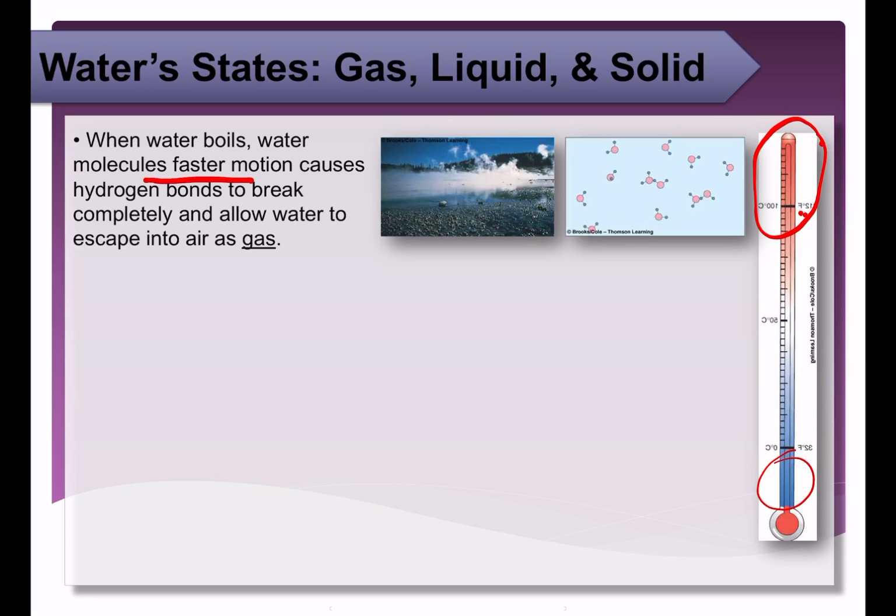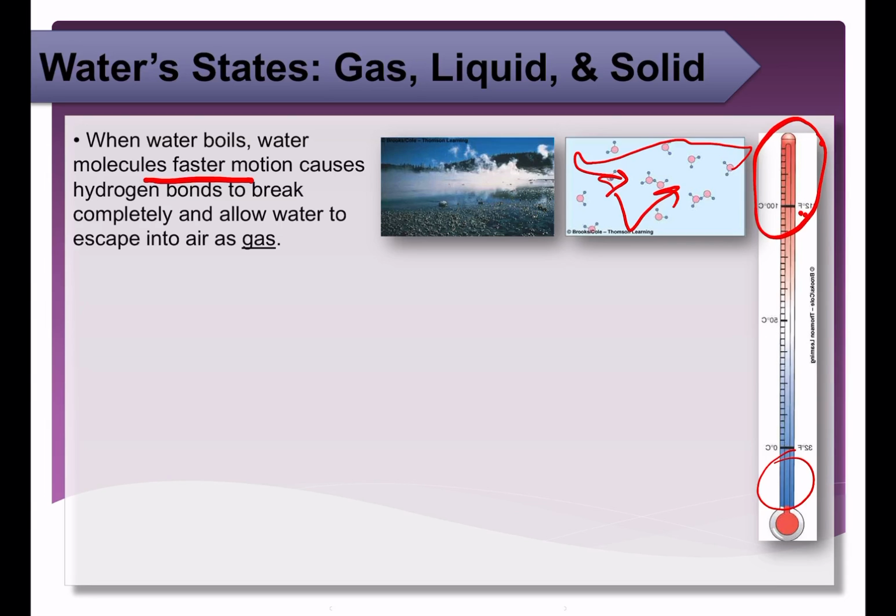So they're bouncing around all the time, far apart from each other, and because they have all this energy, they go boom, zoom, zoom, zoom, bouncing around everywhere because of that high amount of energy from the high temperature. So this bouncing around of water molecules with that high energy breaks the hydrogen bonds between the molecules.